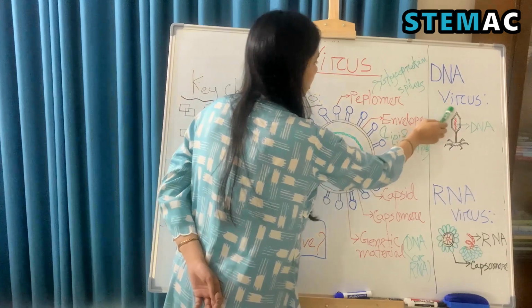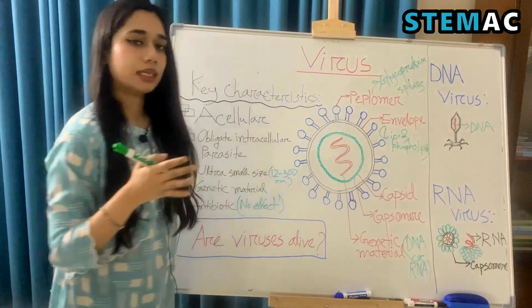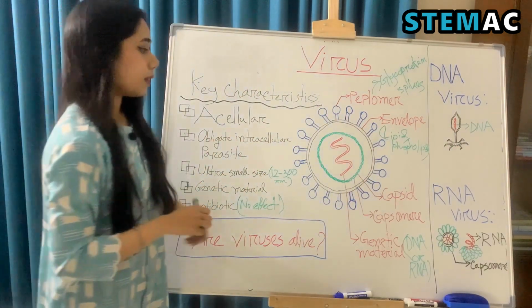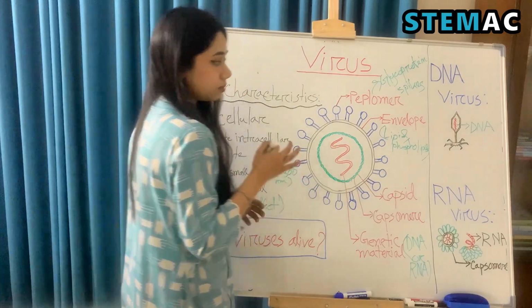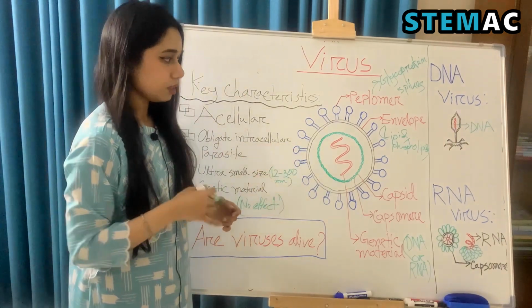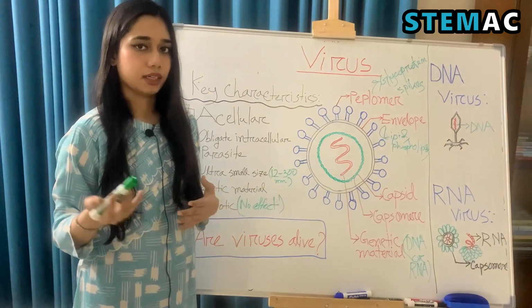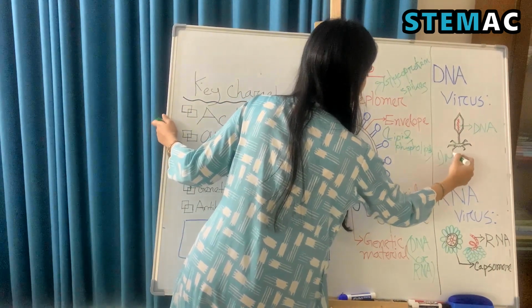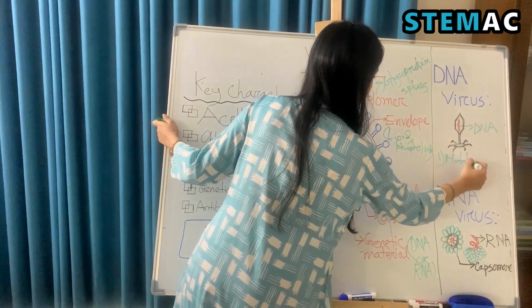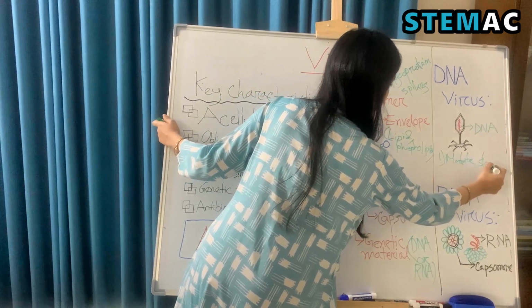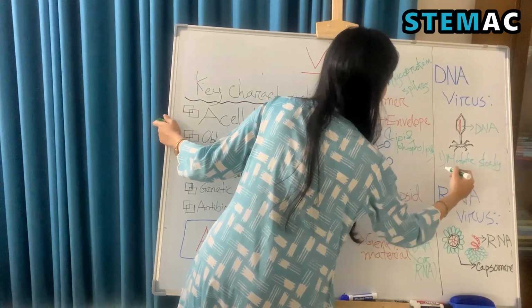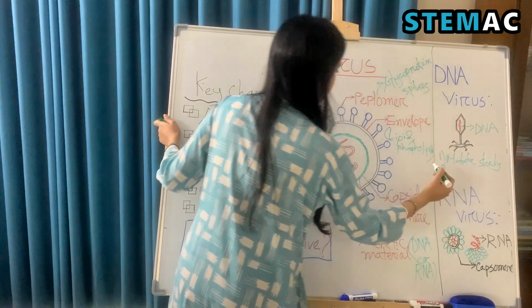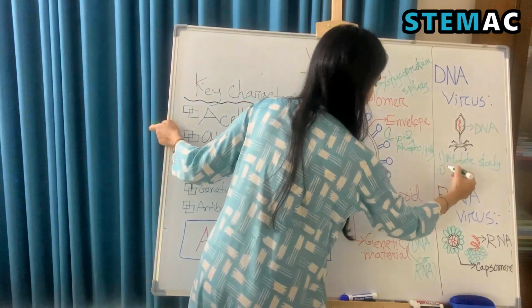And since DNA is more stable than RNA, they will mutate slower comparatively to RNA viruses. So they will mutate slowly, and also they're going to have long-lasting effects.